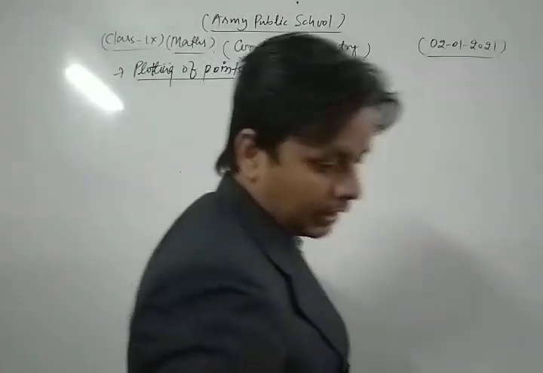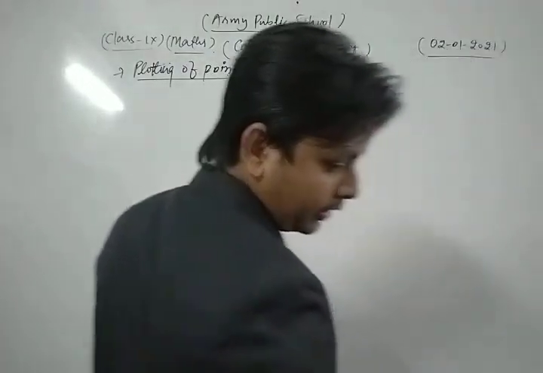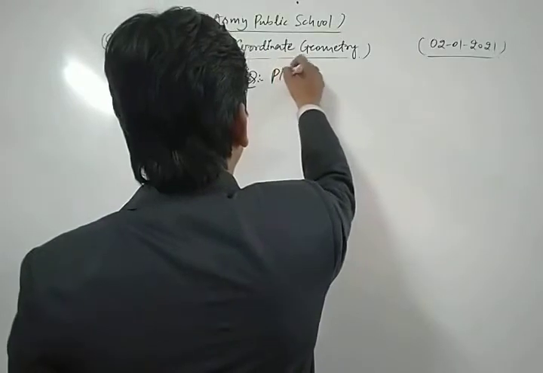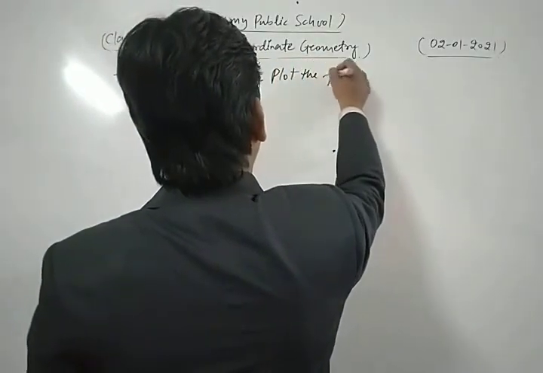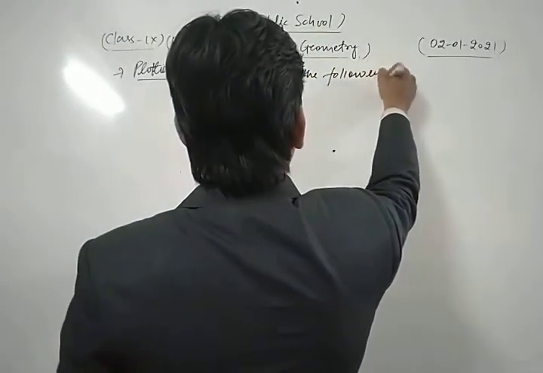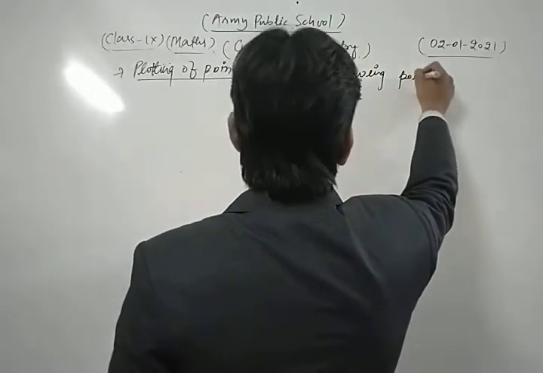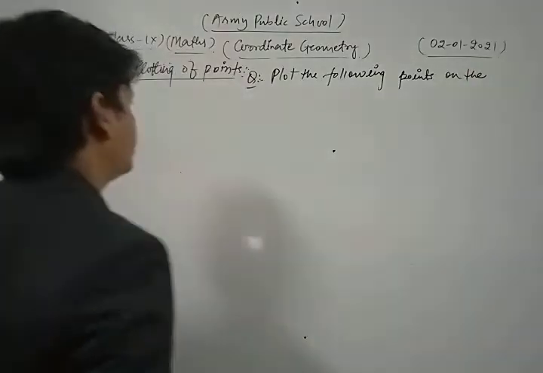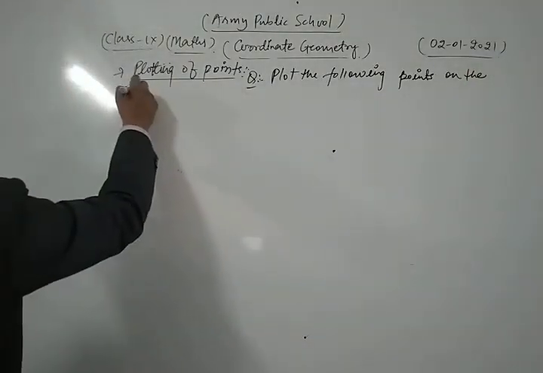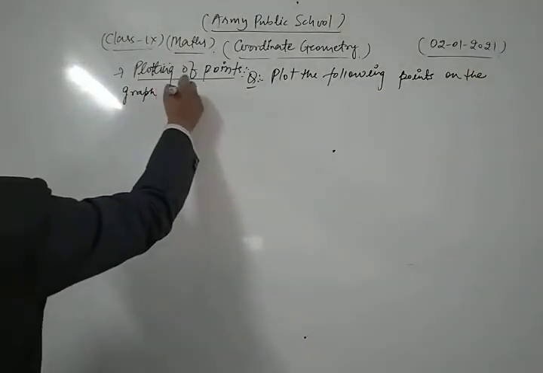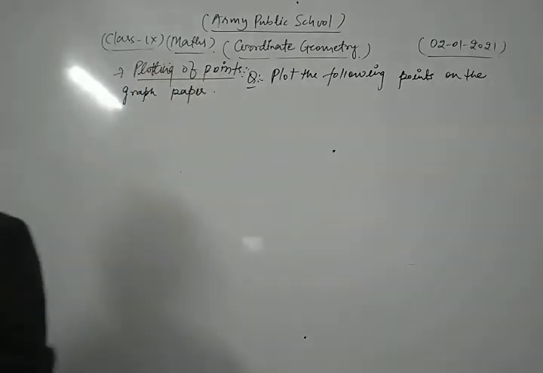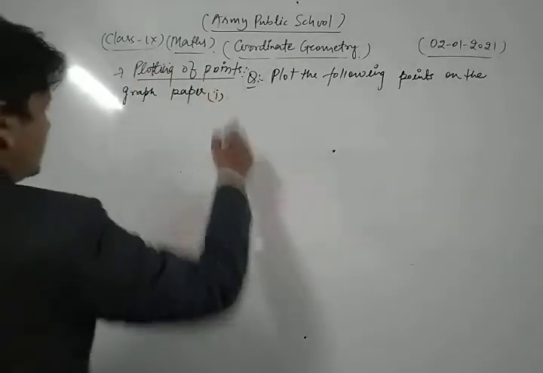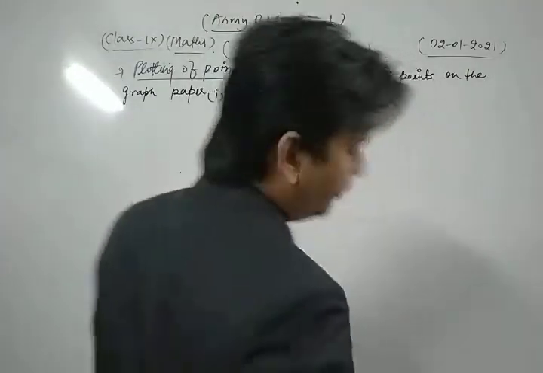Let's see. Plot the following points on a graph paper. The first point is (3, 4).